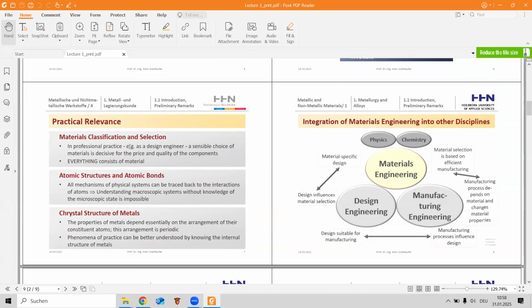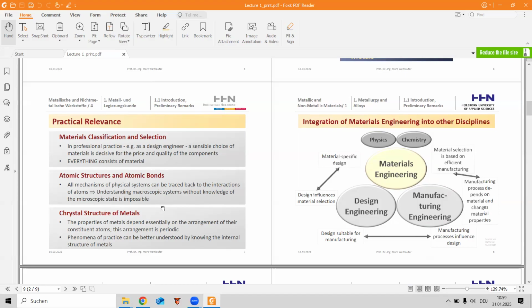Materials classification and selection in professional practice with the design engineer. A sensible choice of materials is decisive for the price and quality of the component. Everything consists of material, atomic structure, and all mechanisms of physical systems can be traced back to the interaction of atoms. So we can understand macroscopic systems without knowledge of the microscopic state.